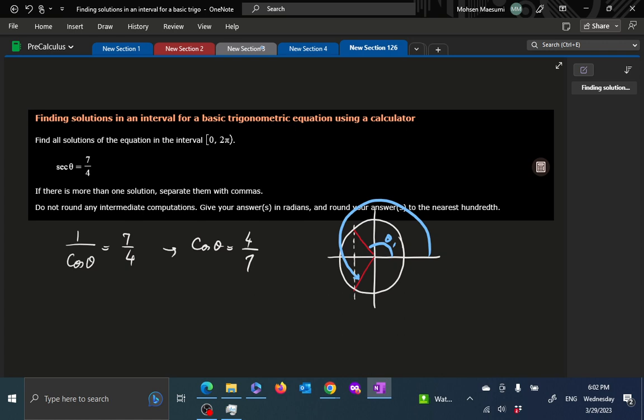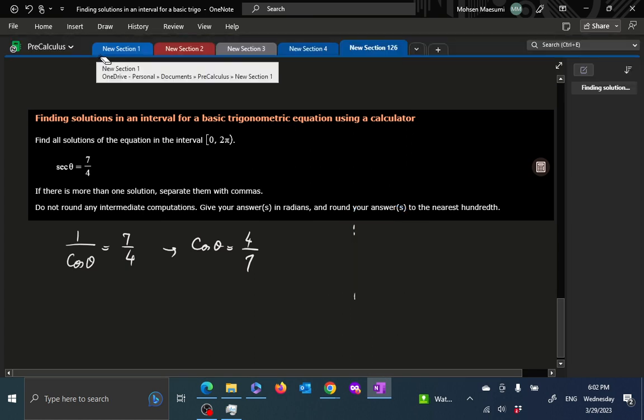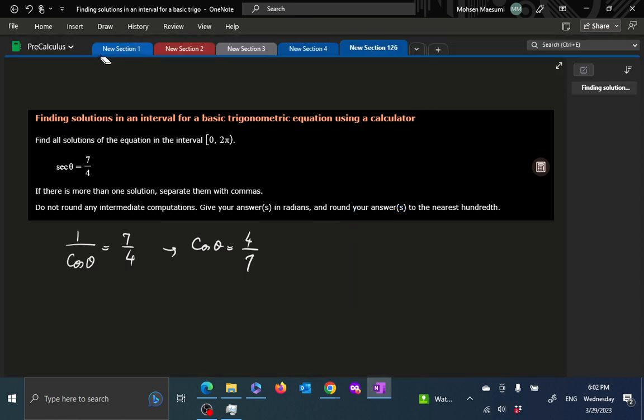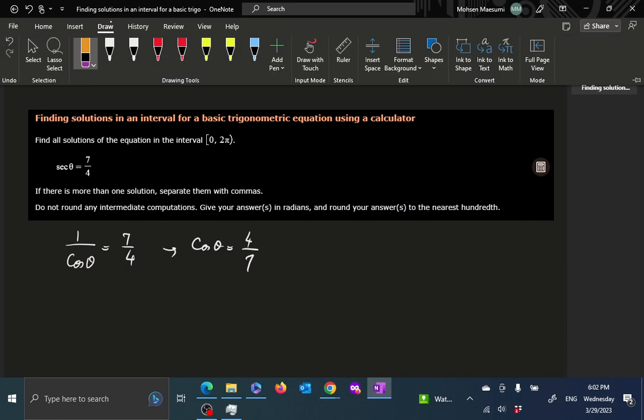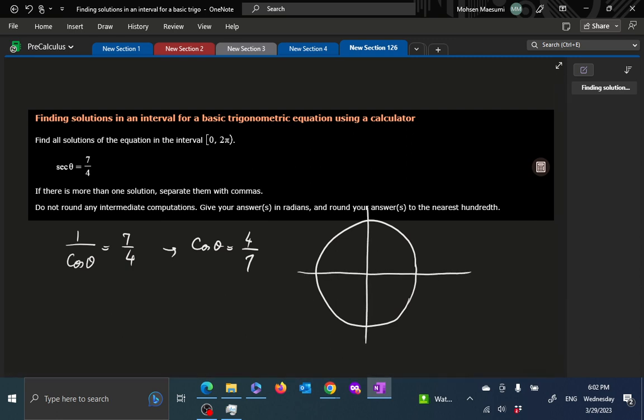Except I have made a mistake all the way through. I guess it's been tiring to repeat the same thing over and again. Sorry for that. Let me redraw my picture. I don't know why I took it to be negative. So 4/7 is here.